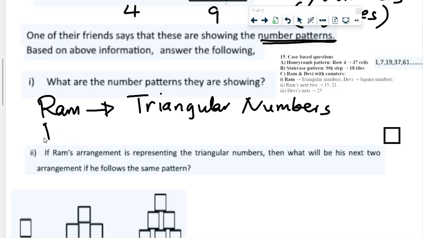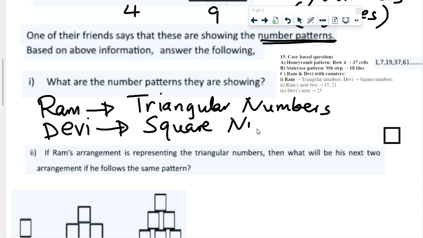And you're going to say Devi is showing a pattern of square numbers. Or in short, you can say squares. Right?